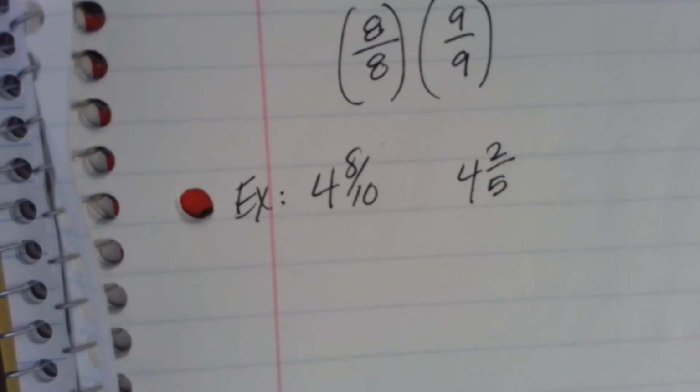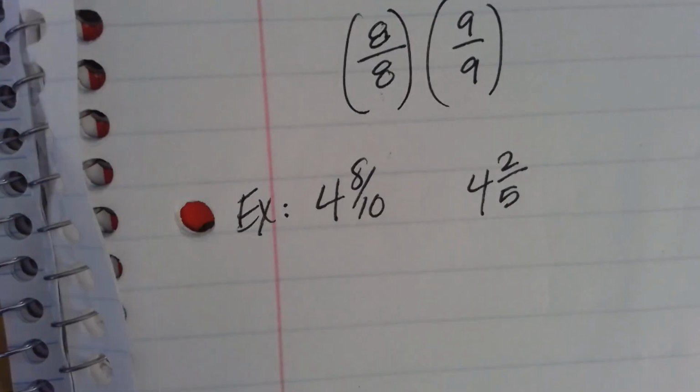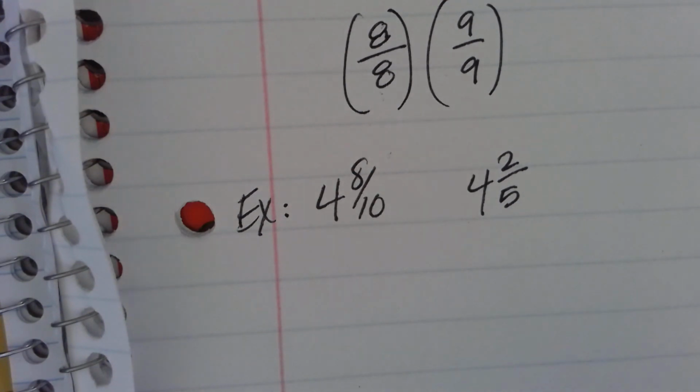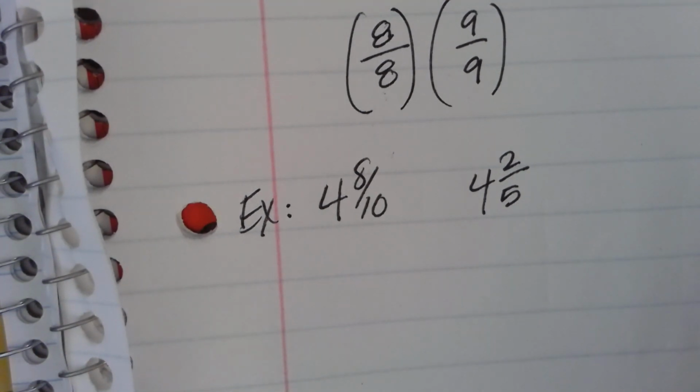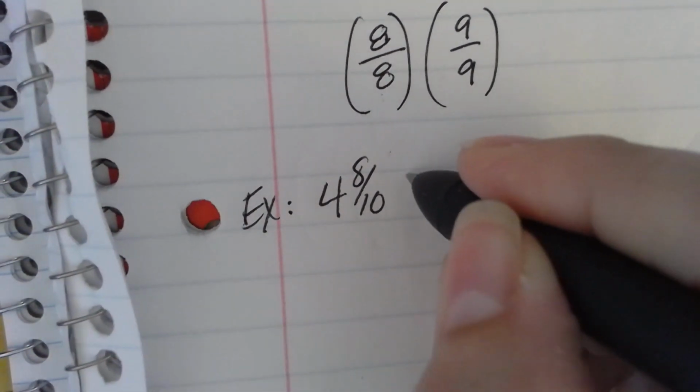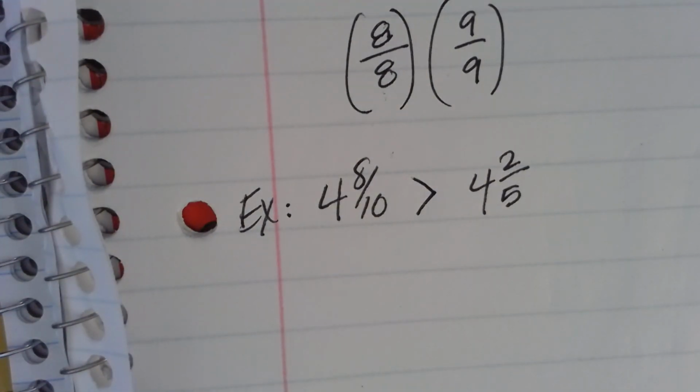Put in your sign and then we'll check it together. All right, so Ashton, what's your answer? Tell me what your answer is and then we'll talk through. Which one's bigger? 4 and 8/10. Okay, so she says that 4 and 8/10 is bigger.